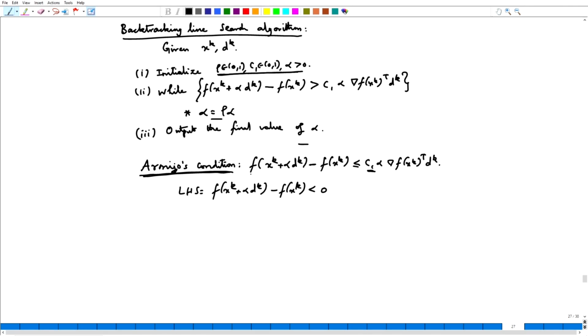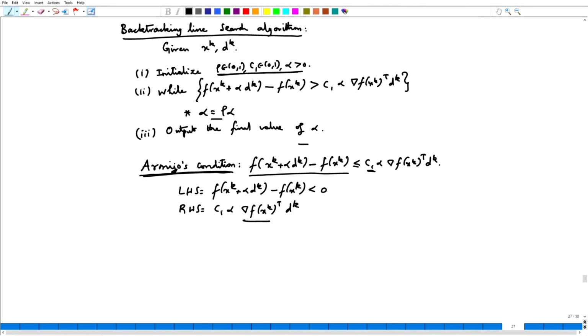So, we want the LHS to be negative. We also know that del f of x k transpose d k is negative, because d k is chosen as the descent direction. So, when you multiply with C1 which is positive and alpha which is positive, the RHS is also less than 0.